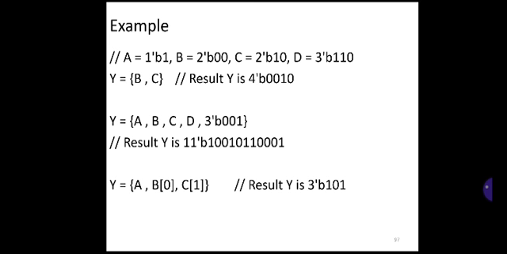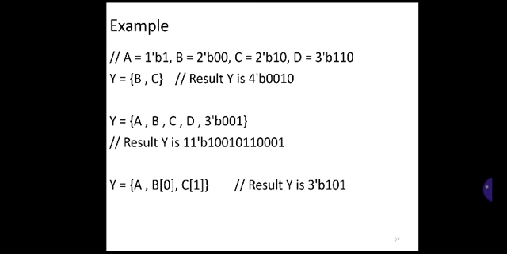Another example: Y is equal to the concatenation of A, B[0], and C[1]. B[0] means it is a bit select. A particular bit of the operand B is selected here. Which bit? The 0th bit. The size of B is 2, so only 2 bits are there, the 0th bit and the first bit. Out of that, the 0th bit is taken.